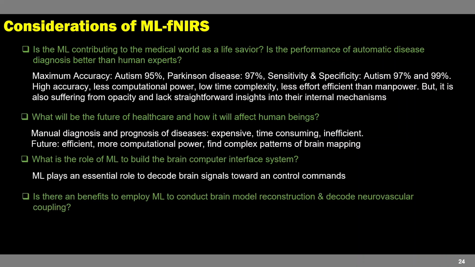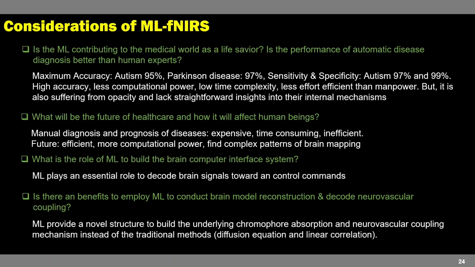Last part, we are thinking about whether it is really beneficial to use machine learning for brain model reconstruction or neurovascular coupling investigation. I think that is a very core application. Normally, as Adam or Hamid already explained, we use the diffusion equation to reconstruct the model, but there are so many assumptions.